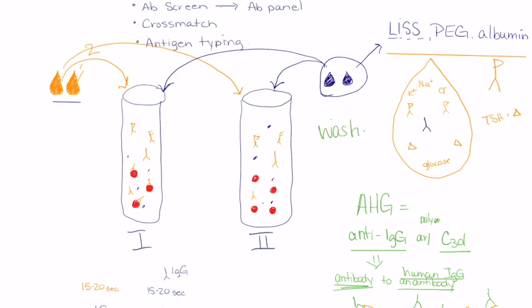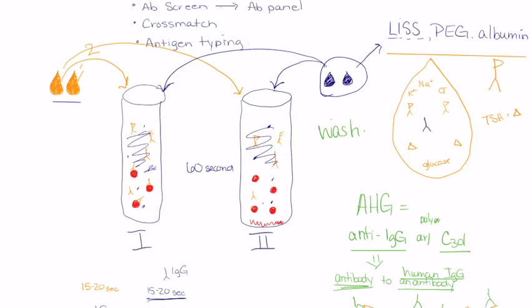And what that washing does, we're going to fill these tubes with saline. We're going to centrifuge them for 60 seconds. And in that 60 seconds, this is way longer than our 15 to 20 that we're typically doing, we are compacting these red blood cells to the very bottom of this tube.